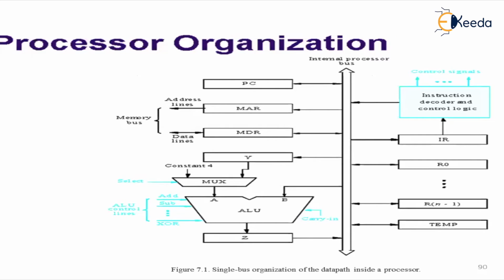Now when you look at this diagram of the processor organization, it consists of the internal bus. To the internal bus, there are different branches interconnected with each other.